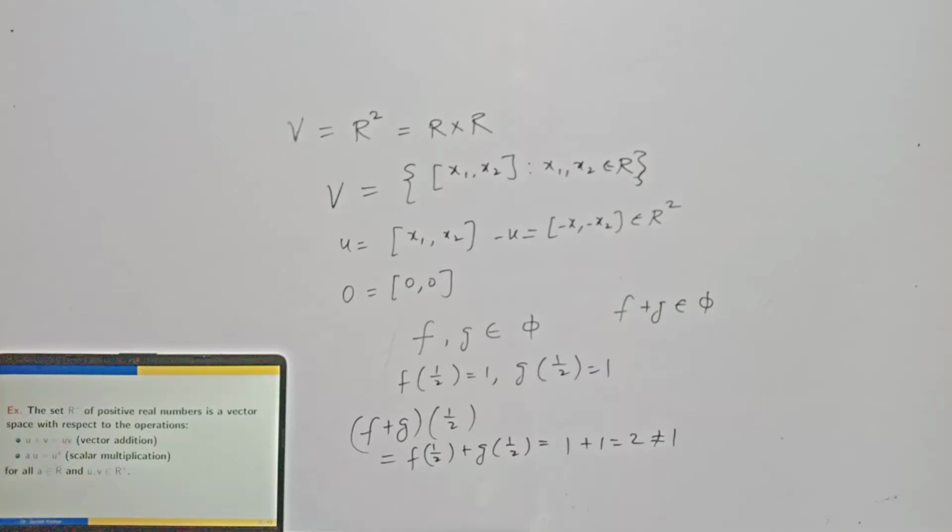The solution of this example is given in the lecture notes. You can see how the different properties are verified using the definition of vector space. So do it yourself. Just follow these definitions of vector addition and scalar multiplication, then verify the 10 properties one by one. You will understand yourself how to do it.